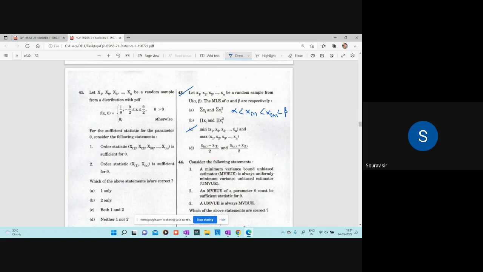The minimum of this alpha is basically x order 1, that is minimum of x1, x2, ..., xn, and the maximum of beta is maximum of x1, x2, ..., xn, that is x order n. So that is going to be the MLE of alpha and beta respectively.